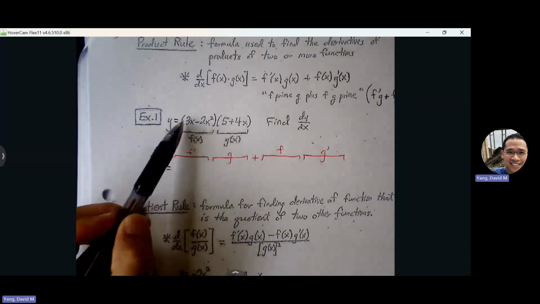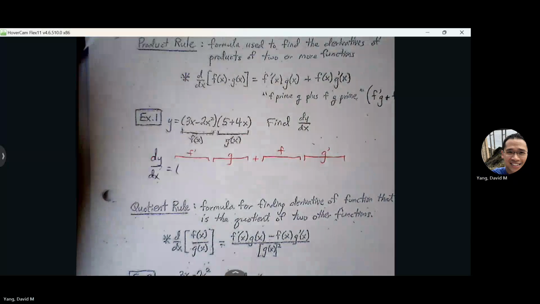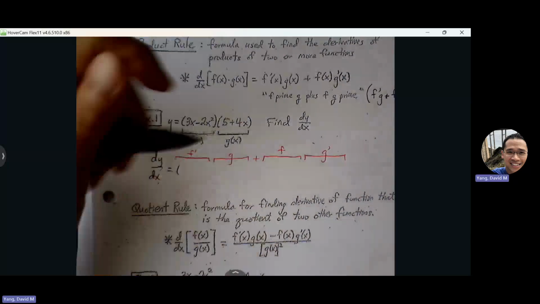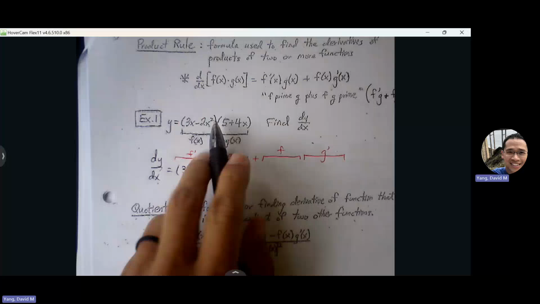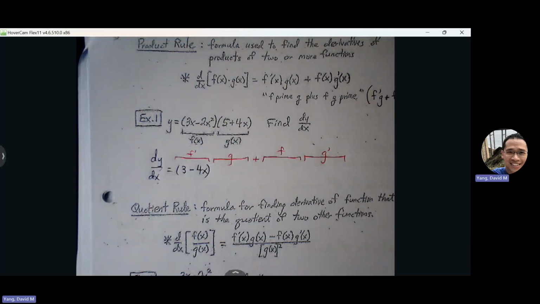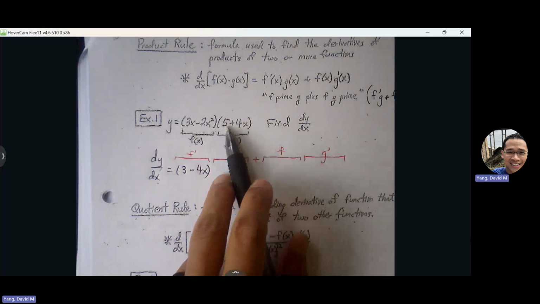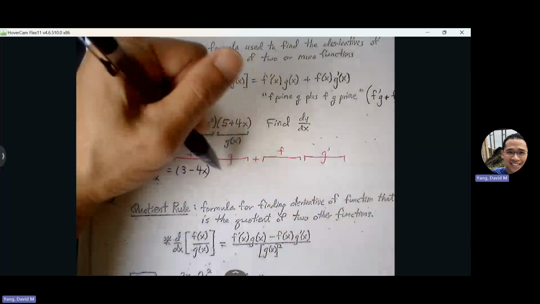So what do you think f prime would be if f is 3x minus 2x squared? 3x becomes 3 minus 4x. Yeah, so that will represent my f prime portion of my derivative times the g function. G function means don't make any changes, just copy down exactly what you see.